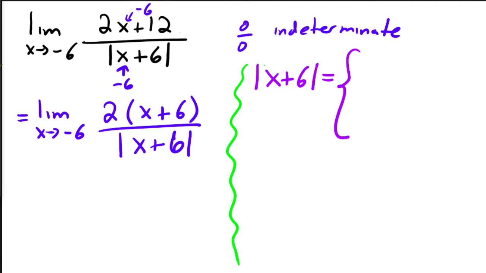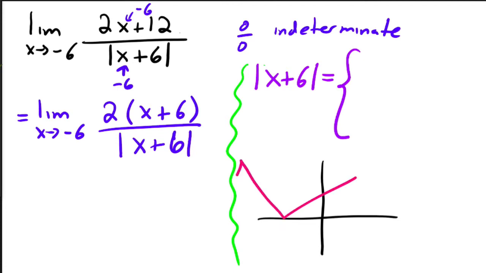So basically, we already know that this is an absolute value function. And it basically looks like this. It looks like a V. This one in particular is shifted to the left to -6. But this is what it looks like. So if you want to rewrite this as a piecewise function, this is just 2 linear functions.